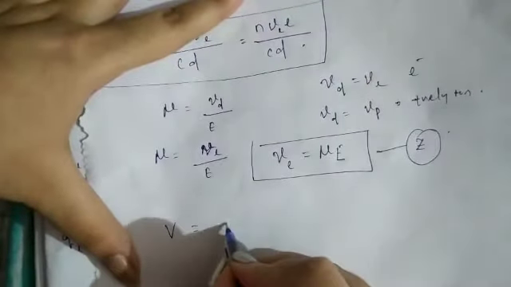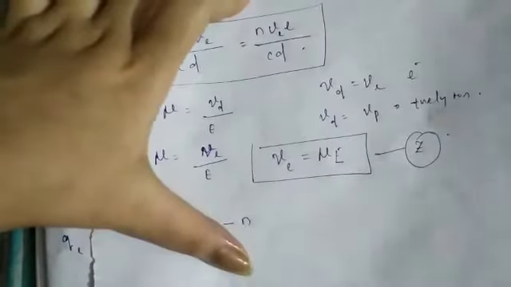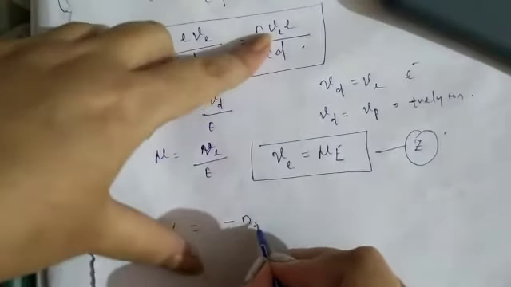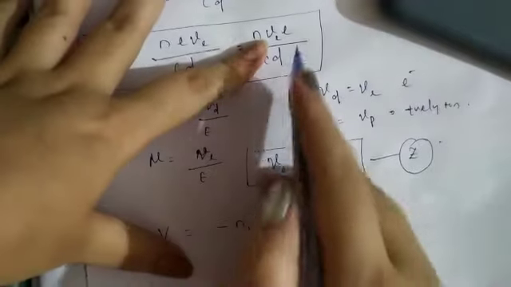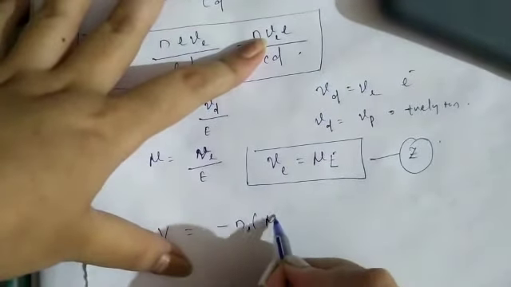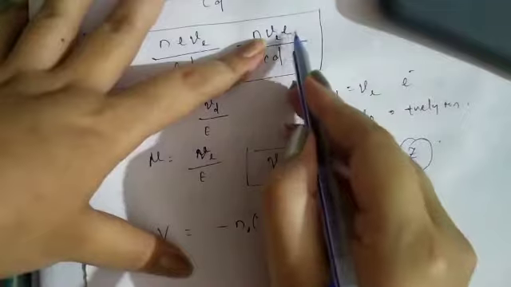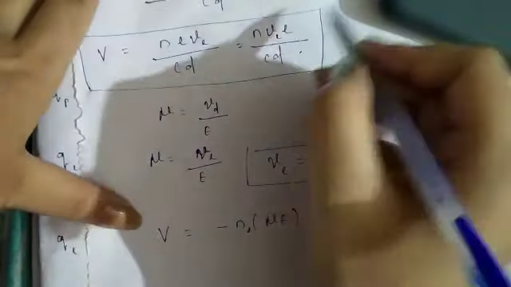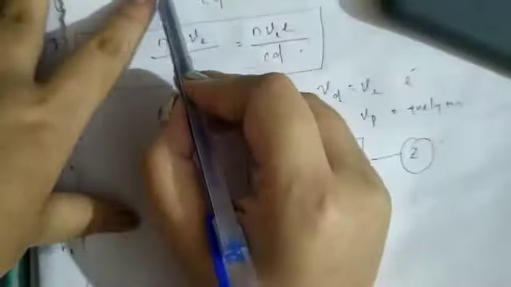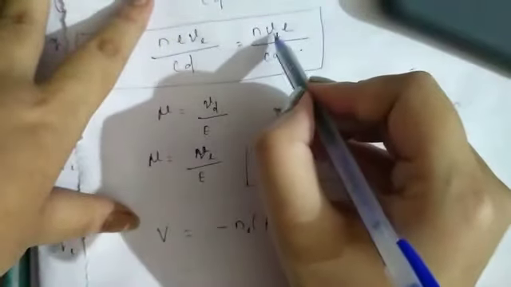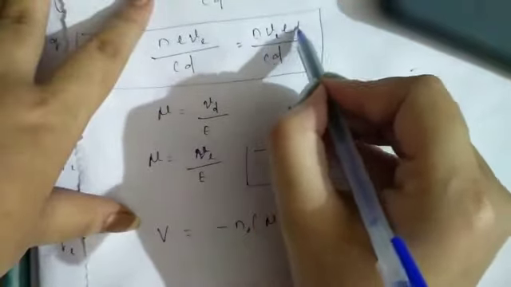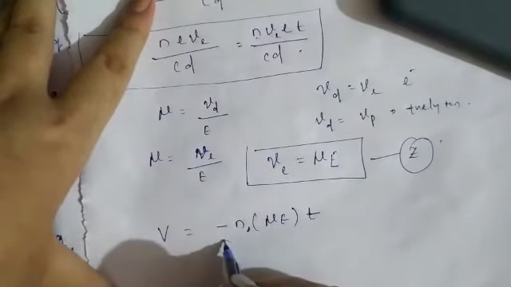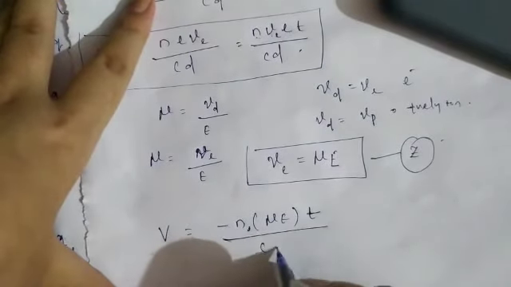Using the value of v_e here, we will get V is equal to minus n e mu E t divided by CD.